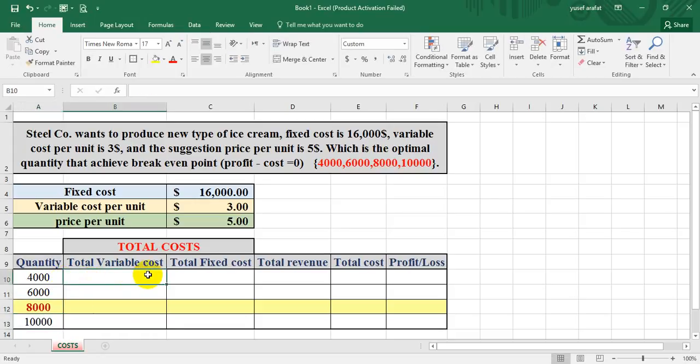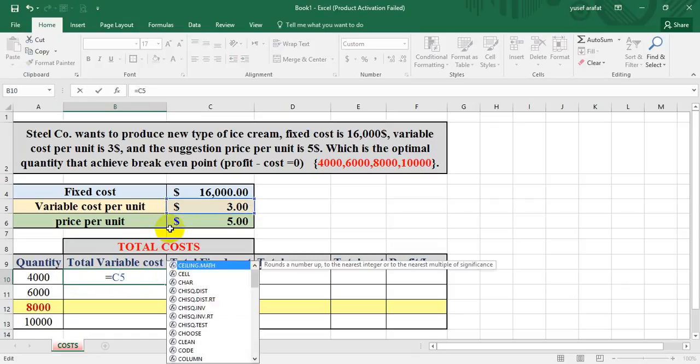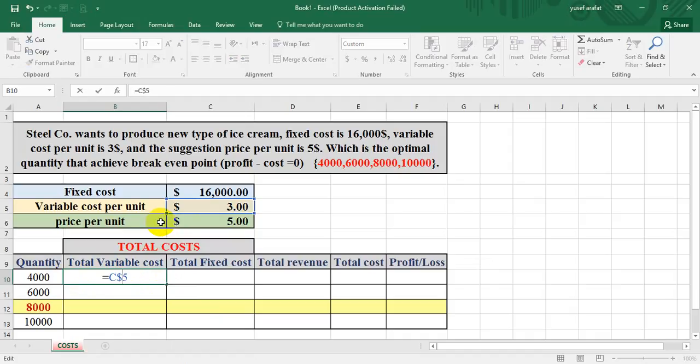Total variable costs equal the variable cost per unit, that is $3, multiplied by the quantities. We have to fix this cell, multiplied by the quantity number 1, and pull down.